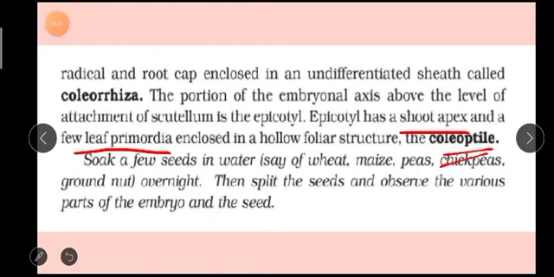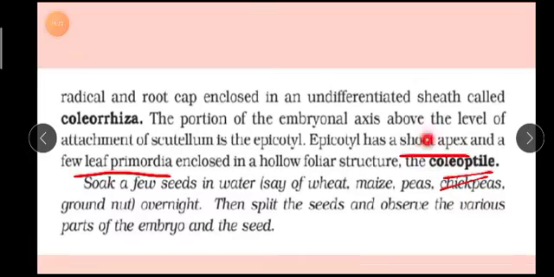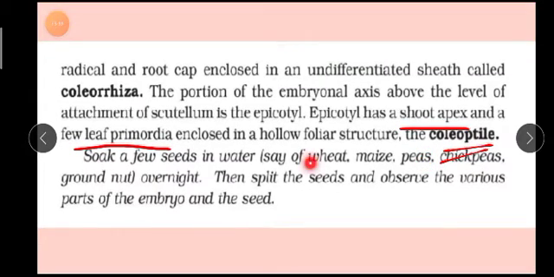Okay, so this is just an experiment. What to do? You just soak a few seeds of, for example, pea. This is very easily available, as we don't have wheat and maize seeds here. Or you can also take groundnut and keep it overnight. When you keep the groundnut overnight, next day what do you see?